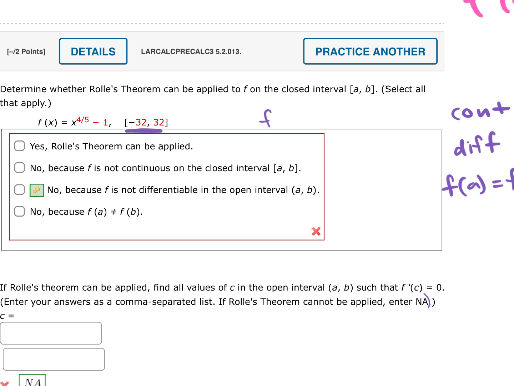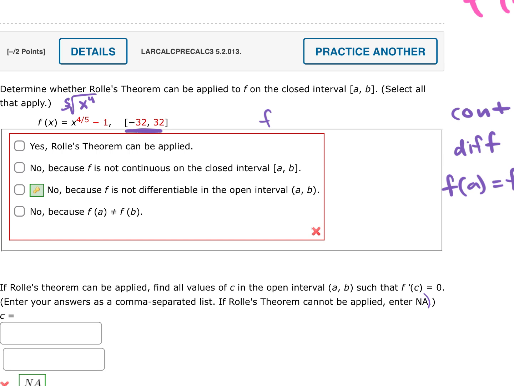To see if it's continuous, you want to see, do you have a fraction? Do you have a square root? If you have x in the denominator of your fraction, x can't equal 0. But here we don't have a fraction. We kind of have a root here because this would end up being the 5th root of x to the 4th power. But the 5th root, we can take the 5th root of a negative number.